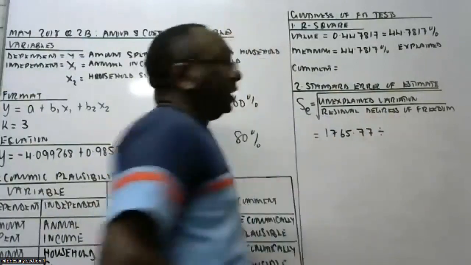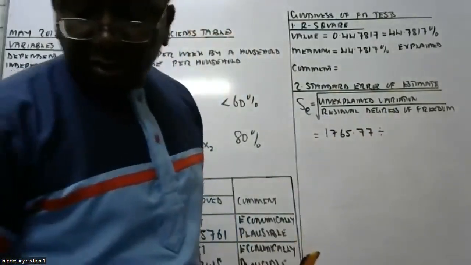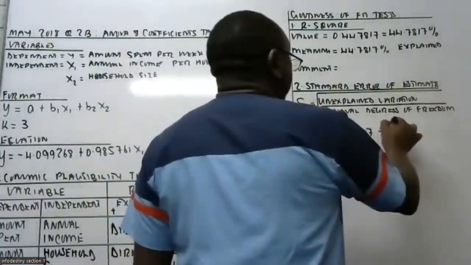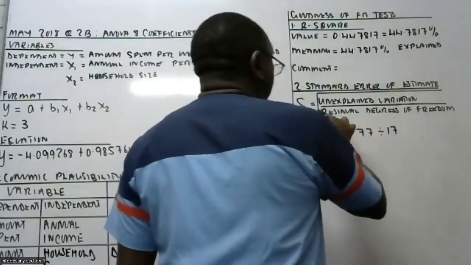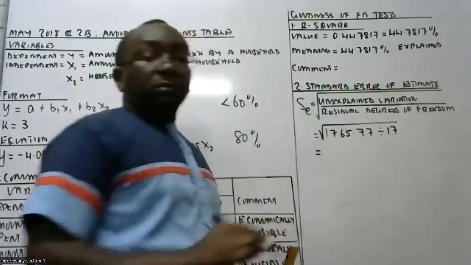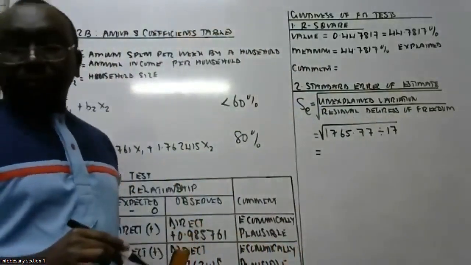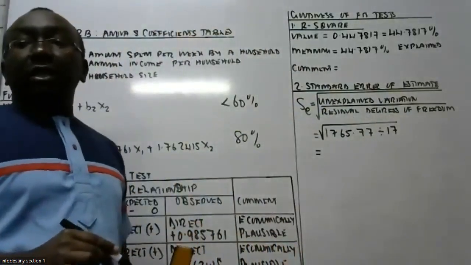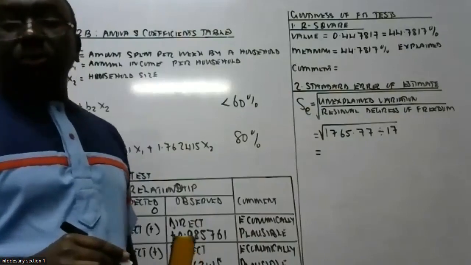You divide by residual degrees of freedom, which are 17, and then you get the square root of that. Give me the square root.